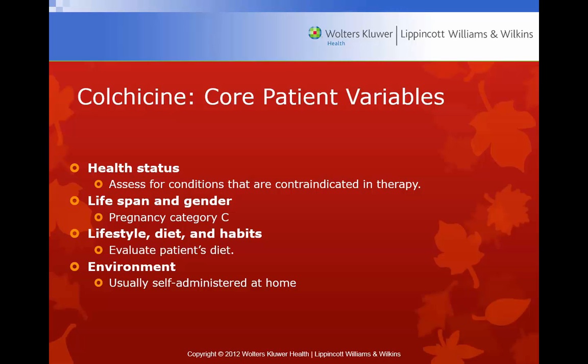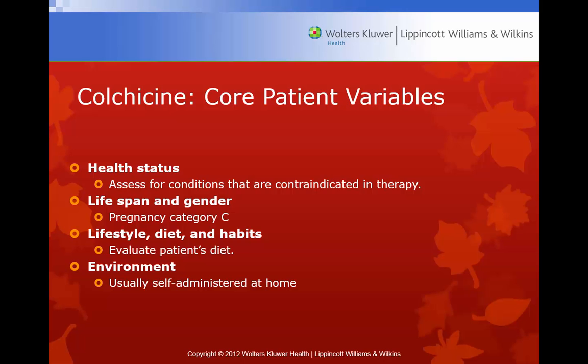It is a pregnancy category C drug, and we do want to evaluate the patient's diet, because it may be that they're precipitating their own gout flare. Alcohol and red meat are one of your biggest factors for that.